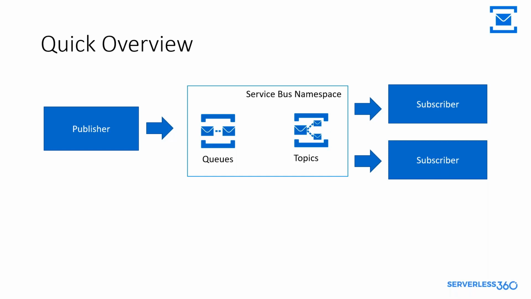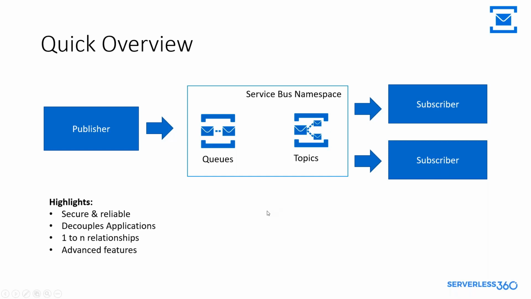What is a namespace in this context? A namespace is a container for all your messaging components, and multiple queues and topics can be put together within a single namespace. And namespaces often serve as application containers. A queue can send and receive messages. Say I can send messages to the queue and my client application can receive messages from a queue or a topic subscription.